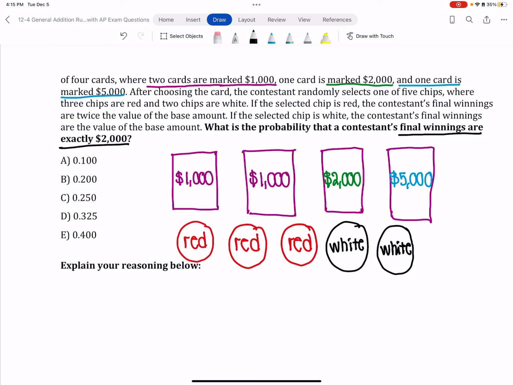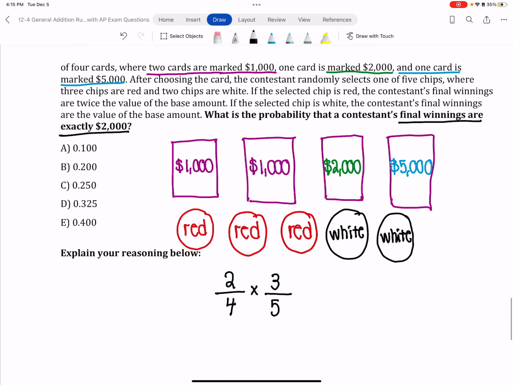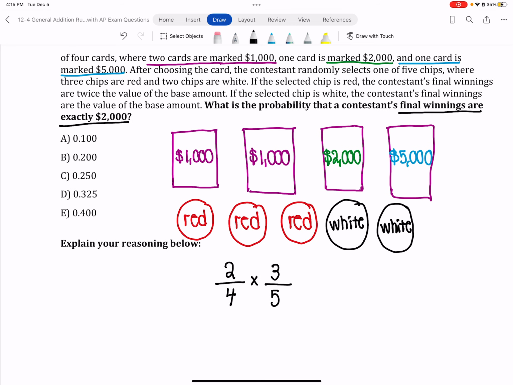So we really have 2 out of 4 cards that allow us to do this, and we have 3 out of the 5 chips. So let me go ahead and explain this in 1 minute, but that will get us to 6 out of 20.